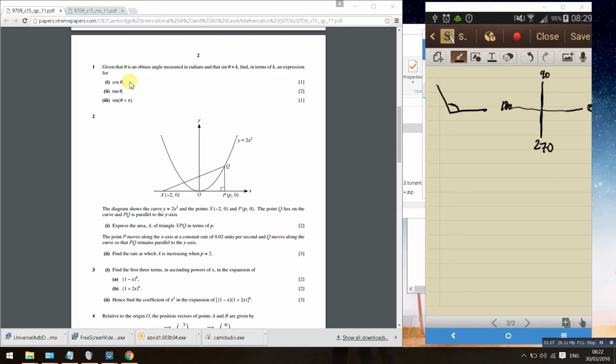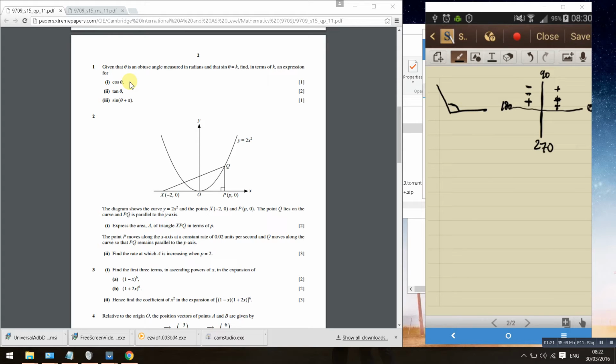Between 0 to 90 degrees, if theta is between 0 to 90 degrees, sine theta will be positive, cosine will also be positive, and tan will also be positive. Between 90 degrees to 180 degrees, sine will still be positive, cosine will be negative, and tan will also be negative.